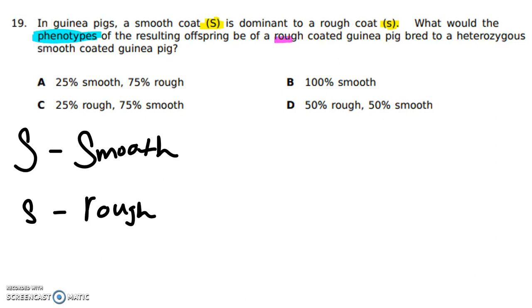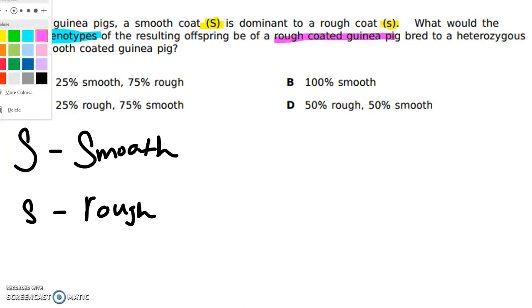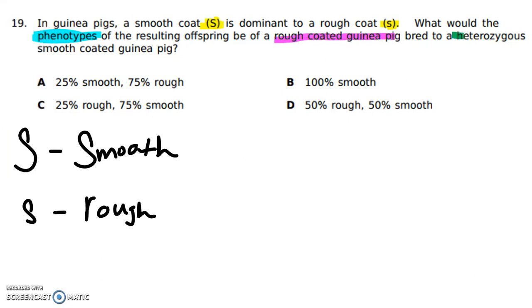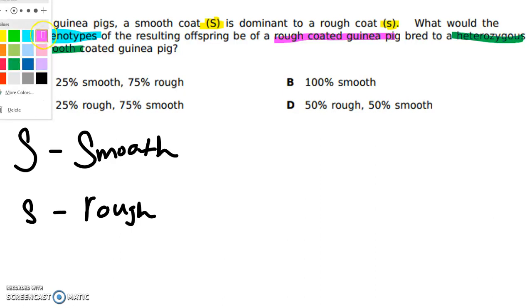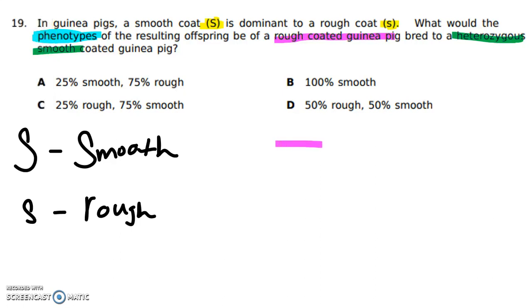So I have a rough-coated pig, and that rough-coated pig is going to be bred with a heterozygous, smooth-coated guinea pig. So to be rough, there's really only one way, because rough is the recessive allele. So if anywhere in there I have a dominant capital S, it's going to be smooth.